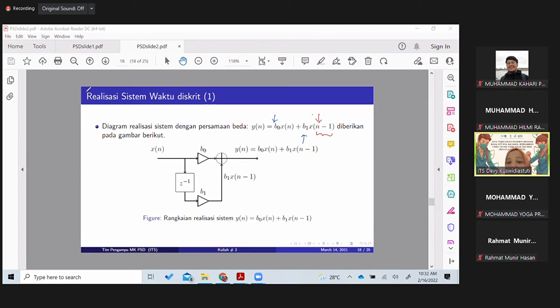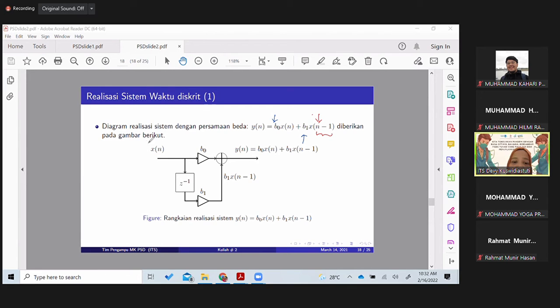Okay, so basically it's a multiplier. If you need to multiply xn with a certain number, then you must have this multiplier, and the location of the multiplier is based on which parameter we want to multiply with those numbers.